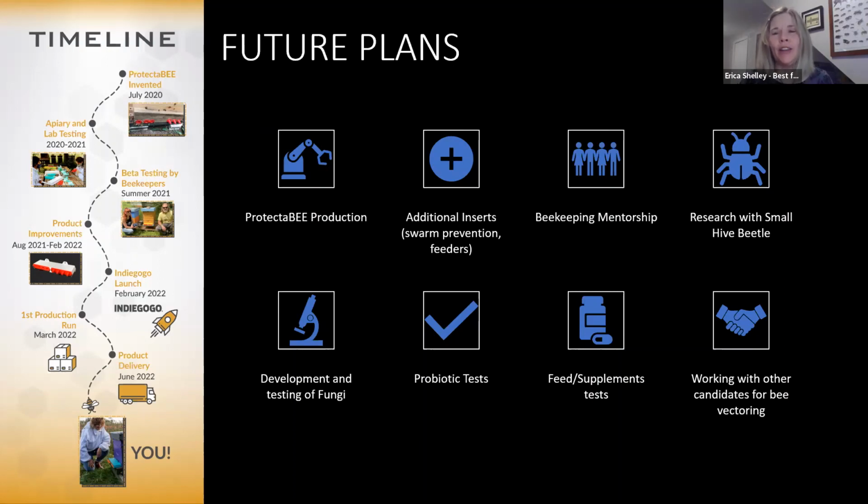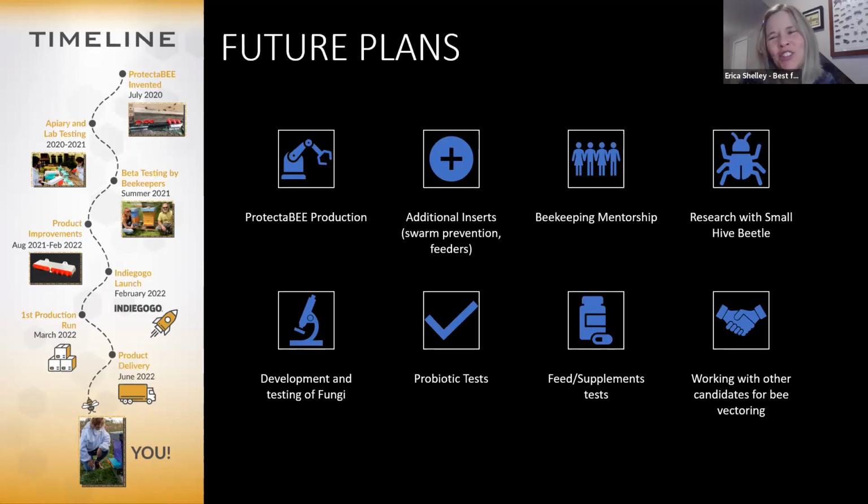And this will be very regionally based. So we're building up a regional program so that it's specific for where you live, because we recognize there's huge differences within areas in terms of what you're doing during your beekeeping season and what your issues are for your beekeeping season. Small hive beetle is a big issue.